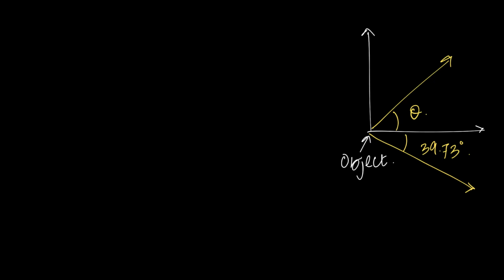I'll use the horizontal one, F3 cosine of negative 39.73. Now I am not caring too much about the angle of this. I, much like anyone else, get confused with the positive and negative. But I know where my F3 is, right? It's going to be downwards.